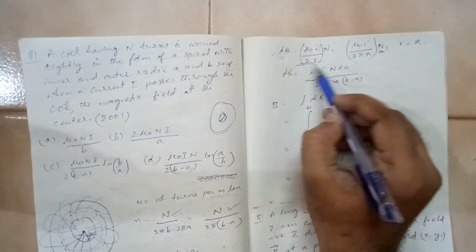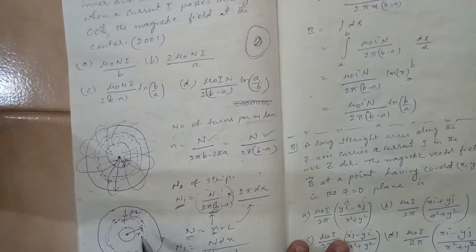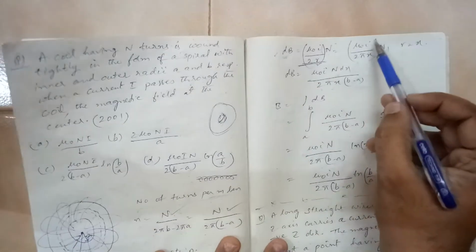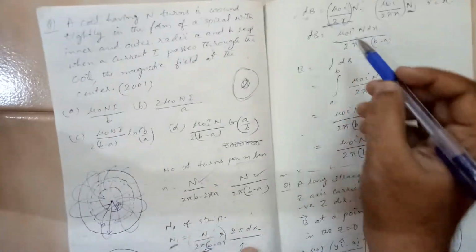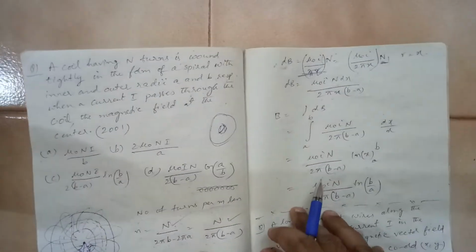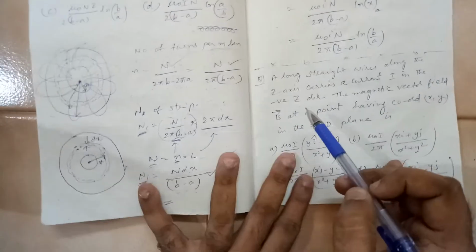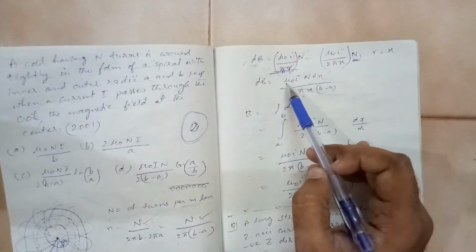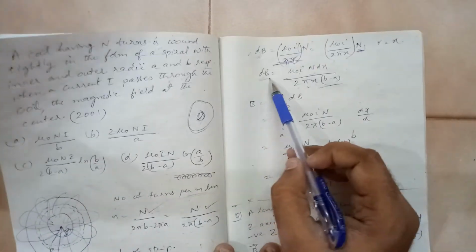There should be a 2 pi r in it. So it is mu naught I by 2 pi x into n1, and in the place of n1 you put the value we have achieved here. So finally you get an expression mu naught I into n dx by 2 pi x into b minus a. So this is the dB value.